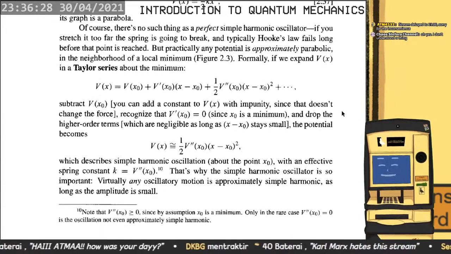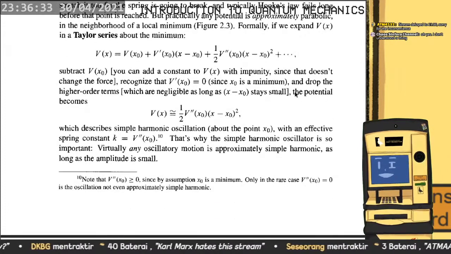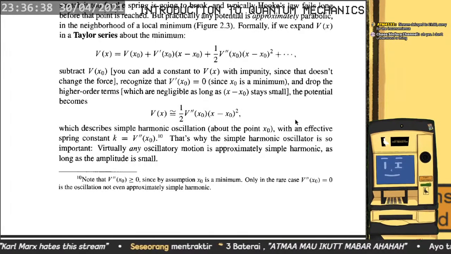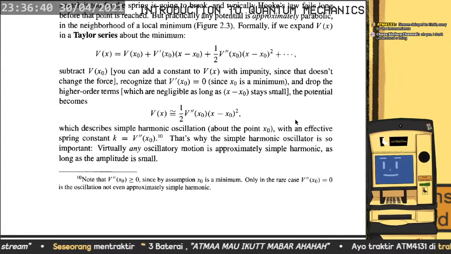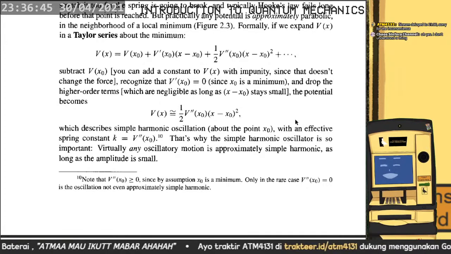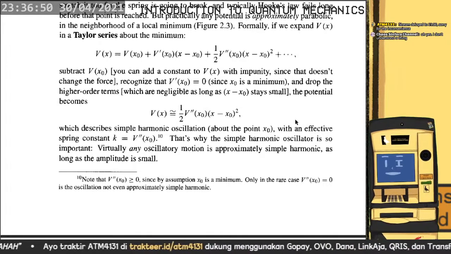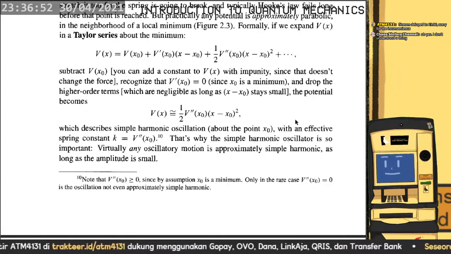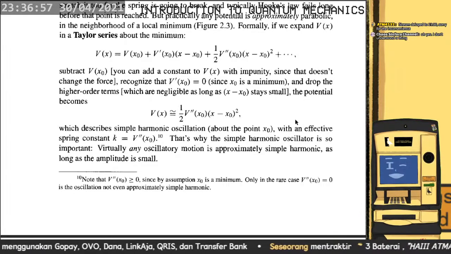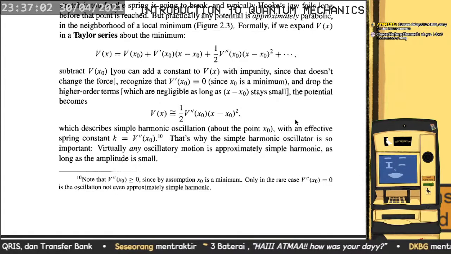Formally, if we expand V(x) in a Taylor series about the minimum, V(x) equals V(x0) plus V'(x0)(x minus x0), and so on. Subtract V(x0); you can add a constant to V(x) with impunity since that doesn't change the force. Recognize that V'(x0) equals 0, since x0 is a minimum, and drop the higher order terms, which are negligible as long as x minus x0 stays small.